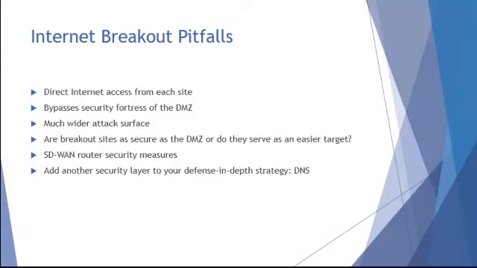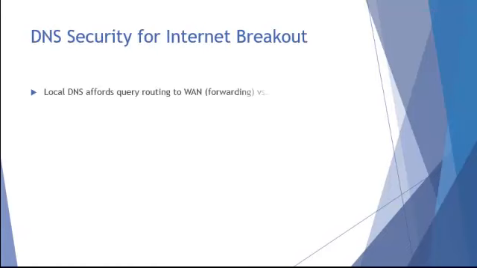With every transaction typically involving a DNS query to start, it's a good idea to add security to that layer so you can catch potential issues at the DNS layer and then have a secondary layer at the data transport layer. So adding defense in depth strategy supported by DNS is a recommended approach to help improve the security of these Internet Breakout sites that might otherwise not be as secure as your DMZ.